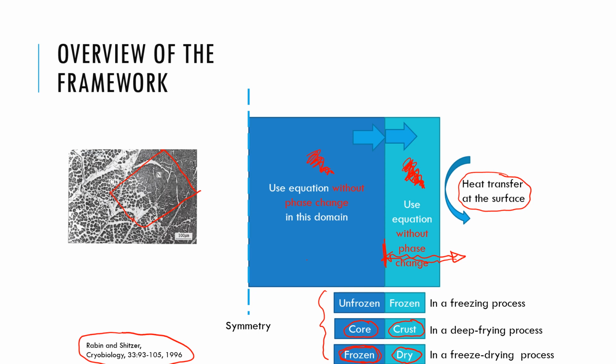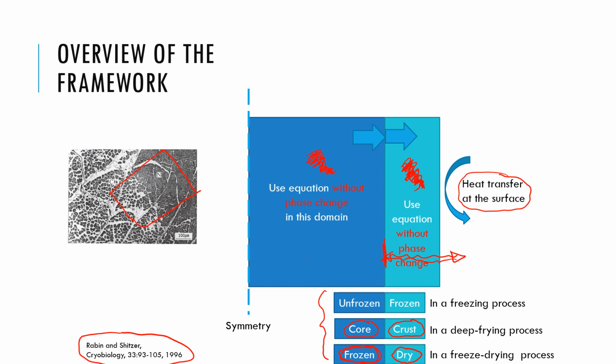Let's say this is freezing, then this region is still unfrozen, so we'll use the properties of the unfrozen region. And all we need to do is heat conduction here and heat conduction here. So that part is no different than situations where you do not have phase change.